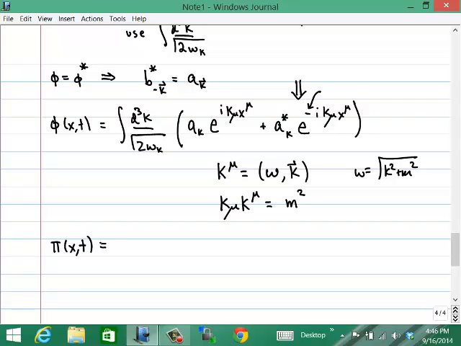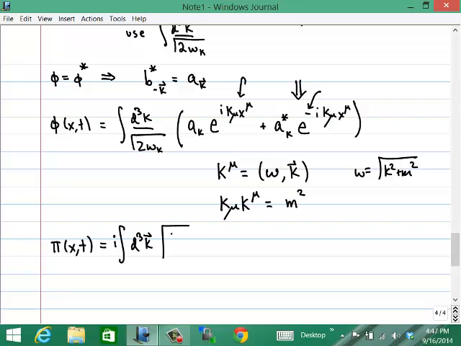So first of all, what is the conjugate momentum? Well, the conjugate momentum is just the thing that you get when you take the derivative of phi with respect to t. So that's integral d3k over the square root of 2 omega. Well, there's an I times omega that comes out front when you take the derivative of the e to the I omega t here with respect to time.